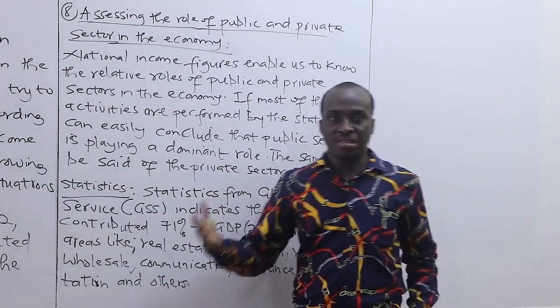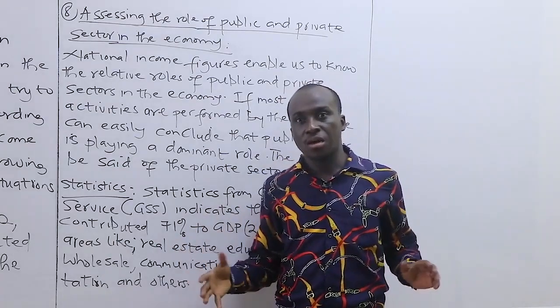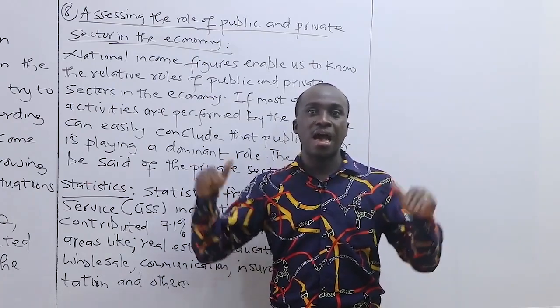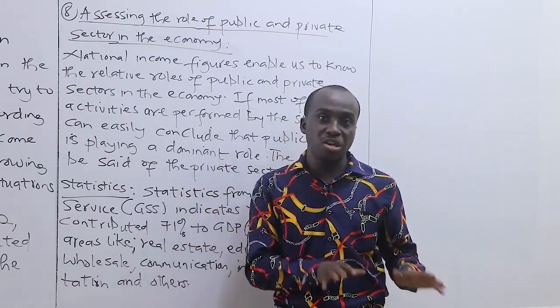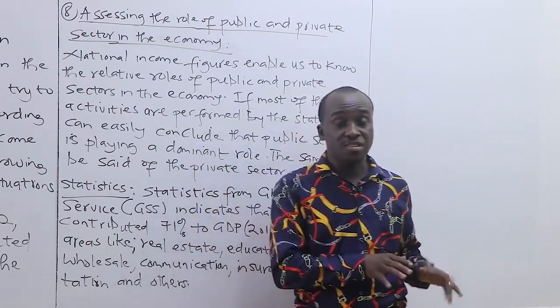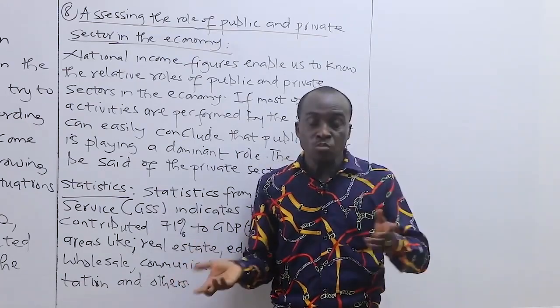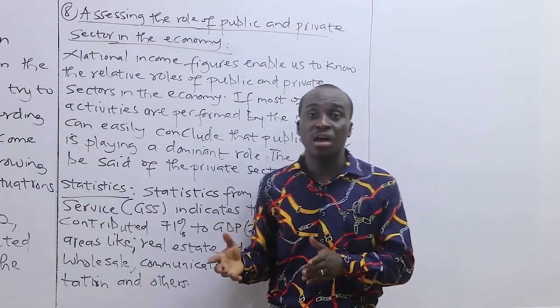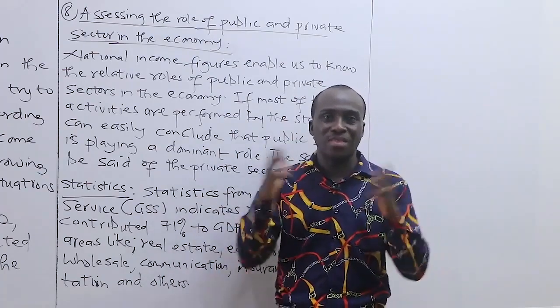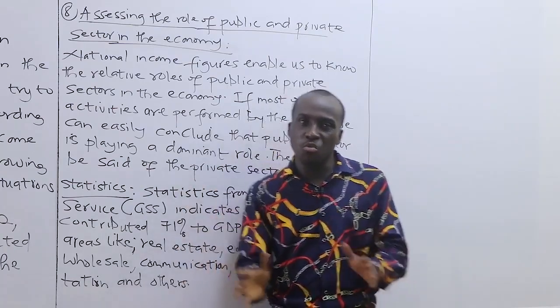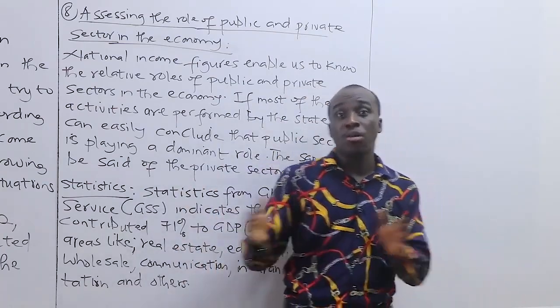In Ghana, for the best public universities, they are government. When it comes to primary, SHS, secondary schools, we want the best schools, they are private. We have hotels for government, hotels for private. We have restaurants for government, restaurants for private. Every country has that, right? So we want to know: does the private sector contribute more to GDP, or is it the public sector?